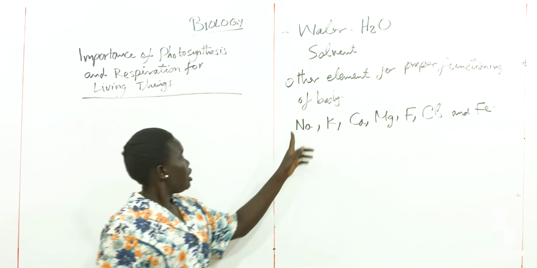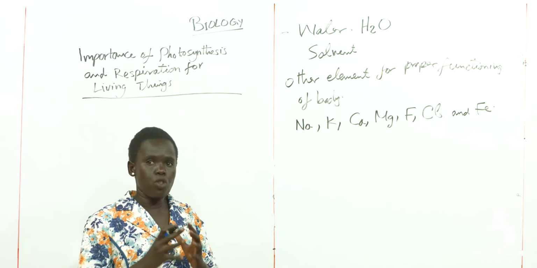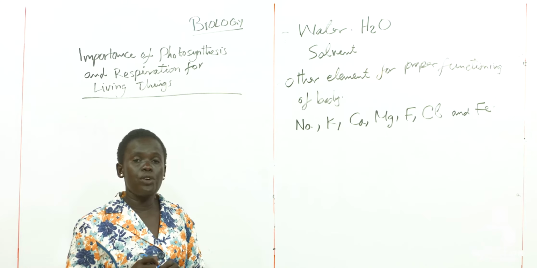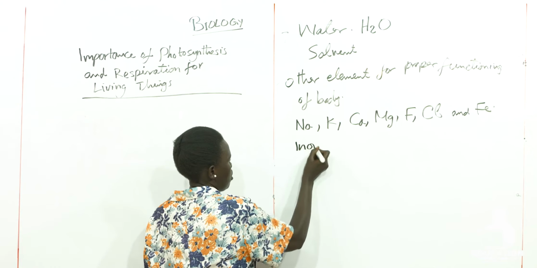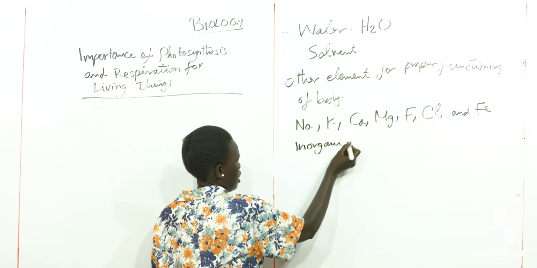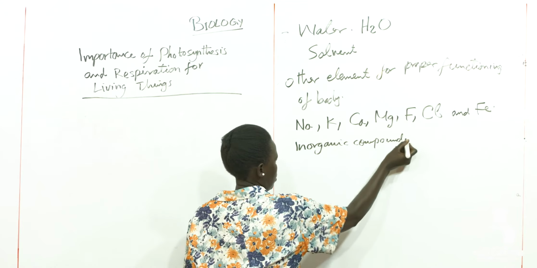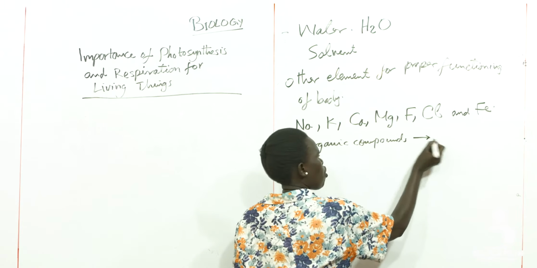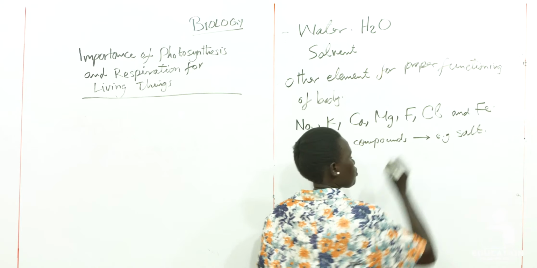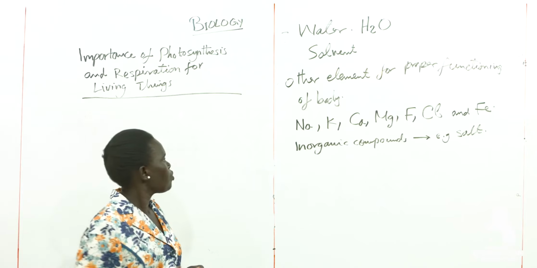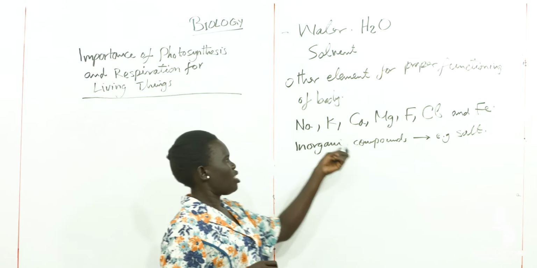If the atoms of these elements are assembled together, they form inorganic compounds. They form what? Inorganic compounds, such as salts, like sodium chloride and potassium chloride.